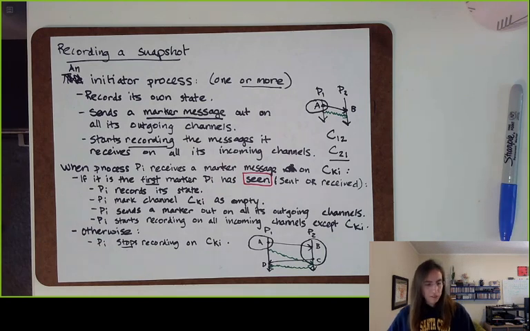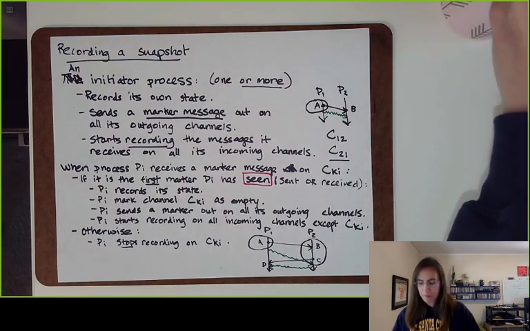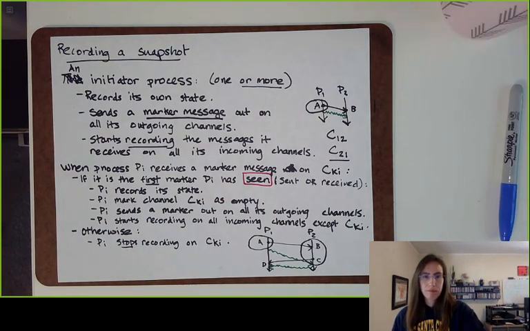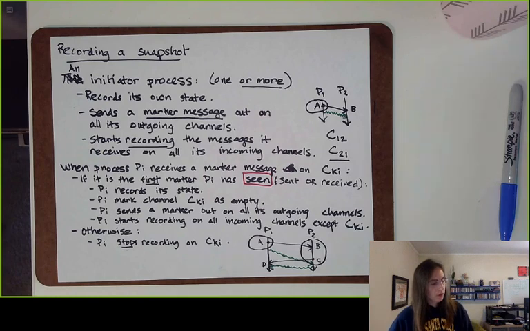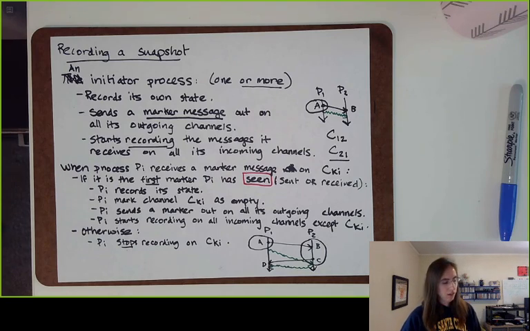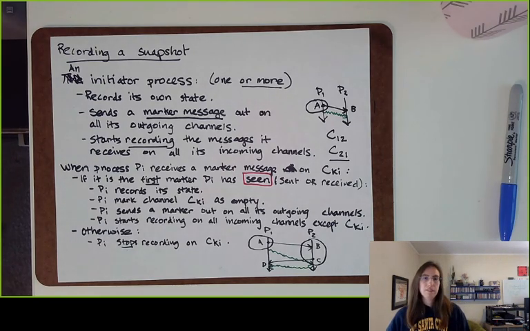Is this a snapshot that's consistent? Well, we just defined it a second ago, but I'll tell you what it means again. Consistent means that if an event is in the snapshot, then so are all the events that happened before it.